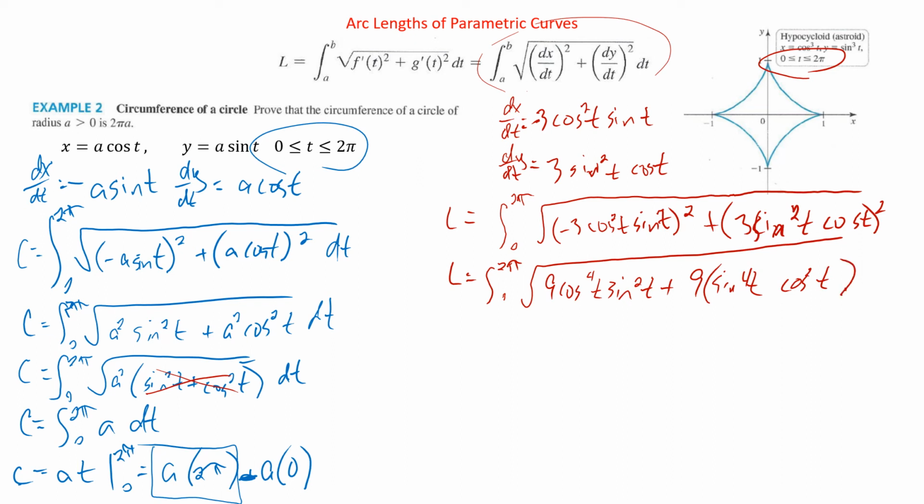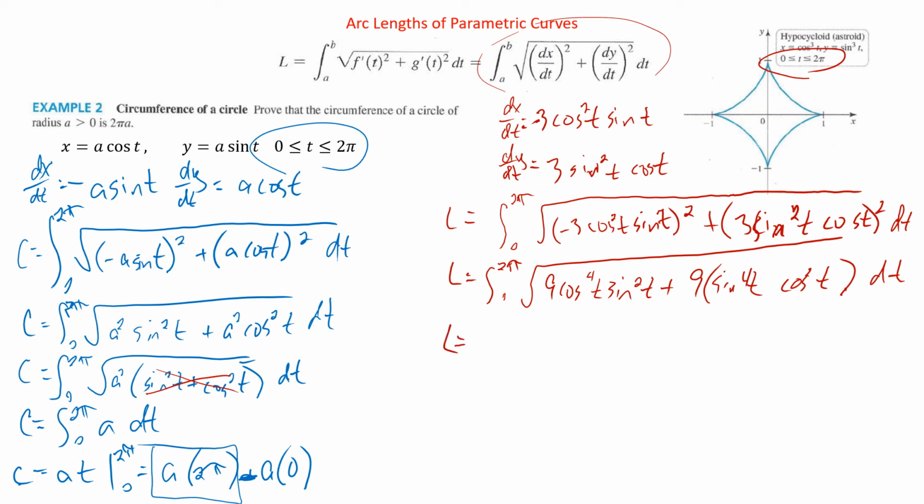The 9s we can factor out. We can factor it out, square root it to get 3, then move it out in front so we don't even have to look at it.